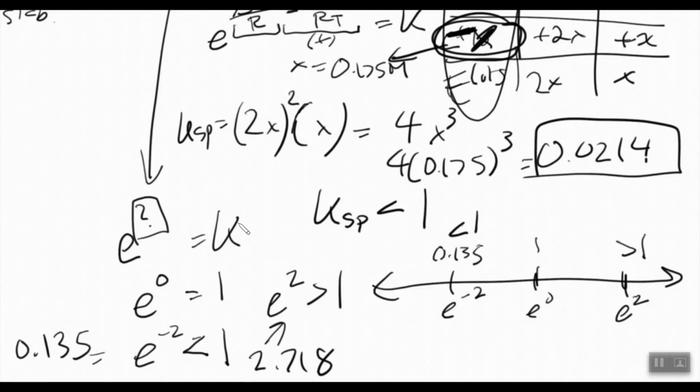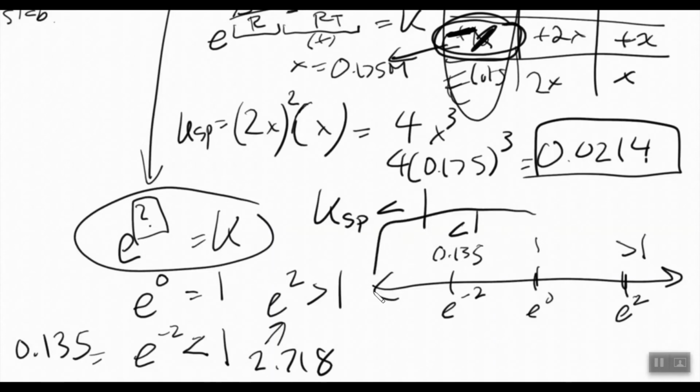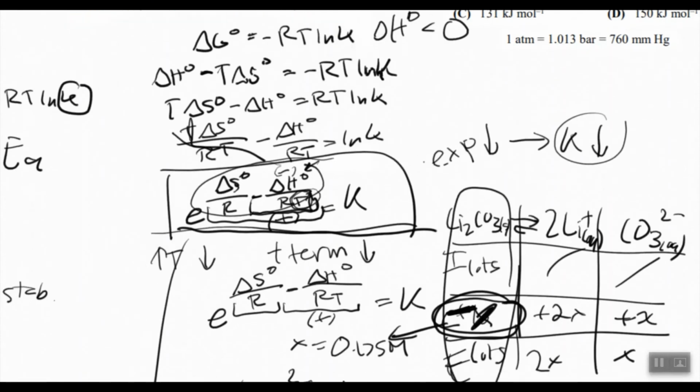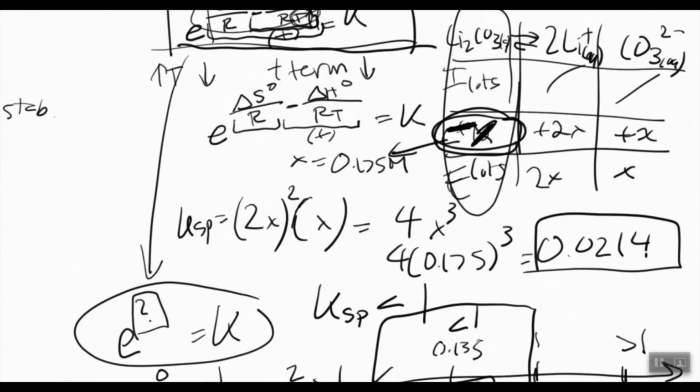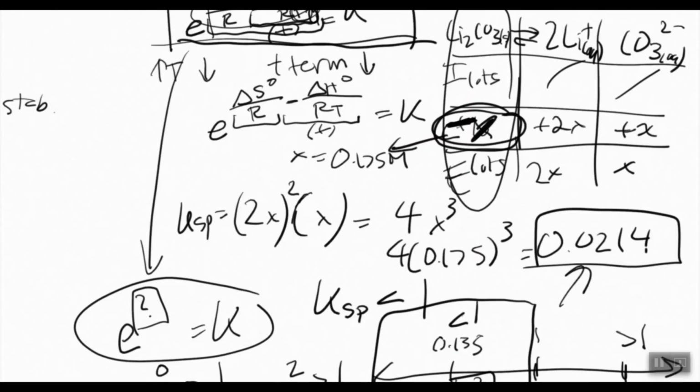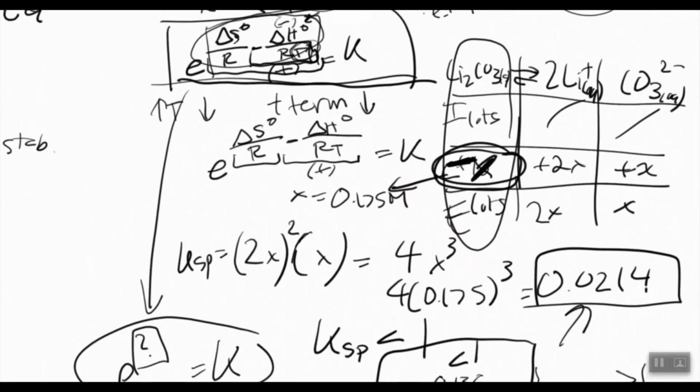If this e to the whatever is equal to k, and our k is less than 1, then we're on this side of the graph. And on this side of the graph, all the exponents are negative. So this exponent has to be negative for the KSP to be that. But we have a problem here.